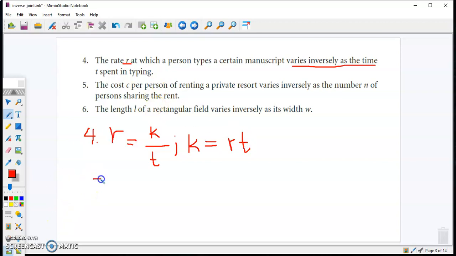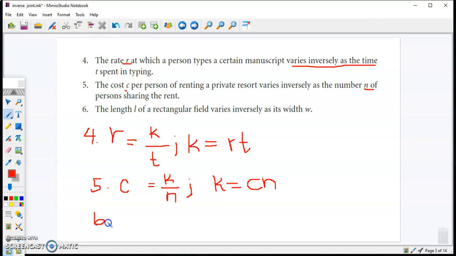So for example, number 5, the cost C per person of renting a private resort varies inversely as the number N of persons sharing the rent. So meaning to say, C varies inversely to the number N. So the constant of variation is K over N. So if you're going to solve for K now, K is equal to multiplying the two quantities, CN.